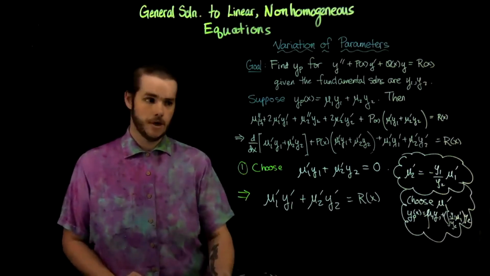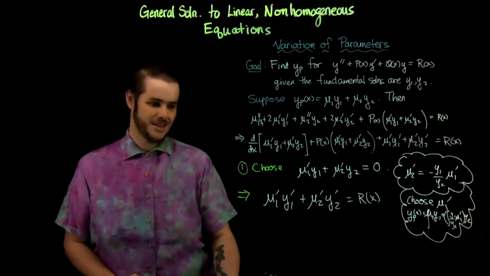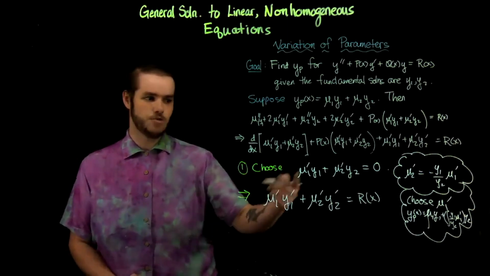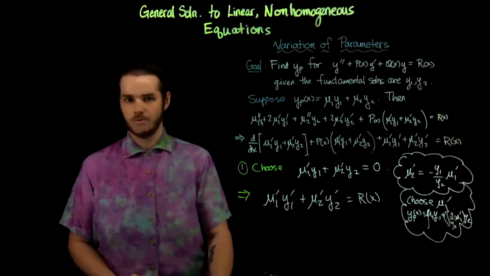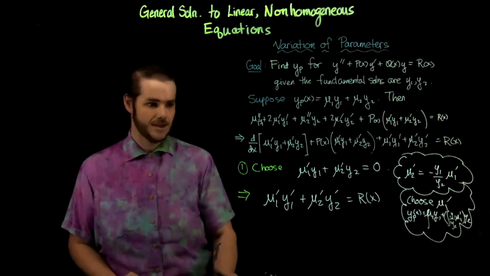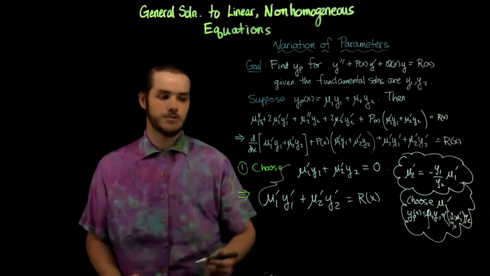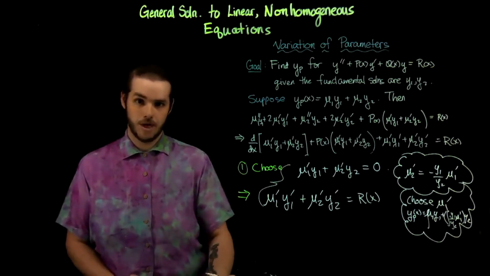Mu1 prime and mu2 prime are my unknowns. I know everything else in this system of two equations. And in fact, that system is linear in mu1 prime and mu2 prime.